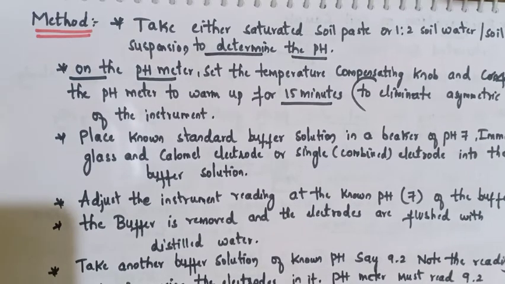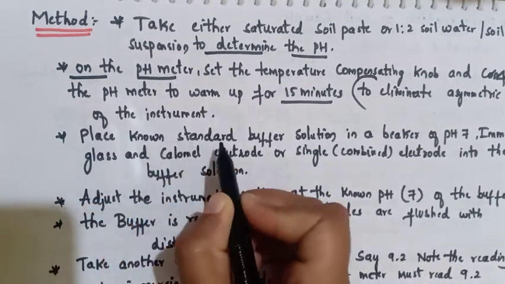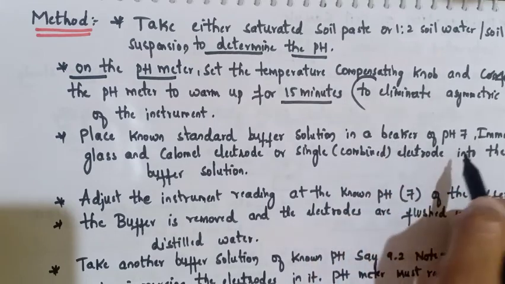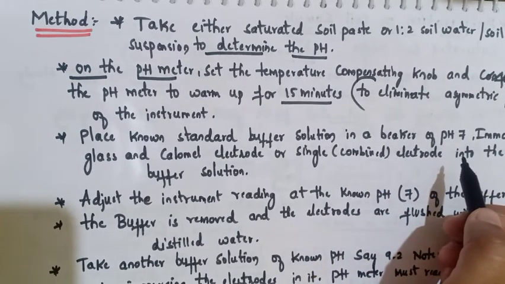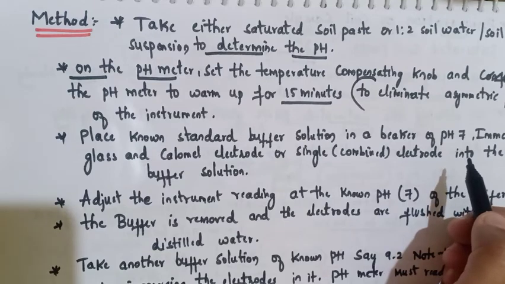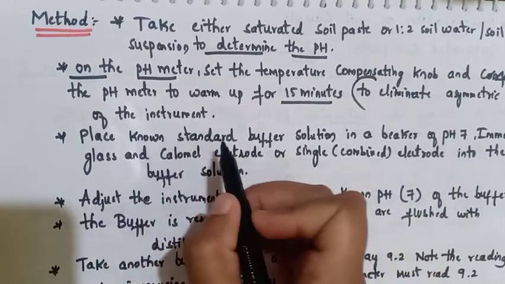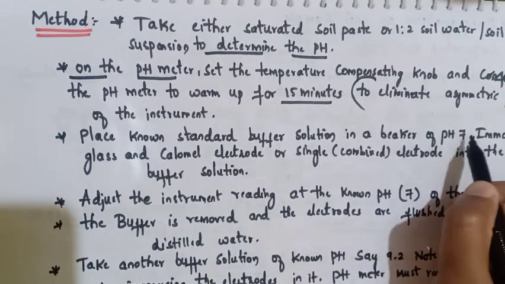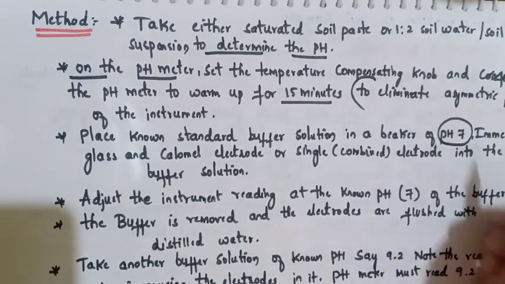Now let's read the point here. Place known standard buffer solution in a beaker of pH 7. Remember that we have to calibrate with at least 2 buffers. We are placing known standard buffer solution in a beaker of pH 7. We have already prepared the pH 7 buffer.